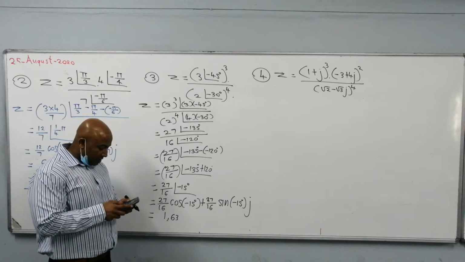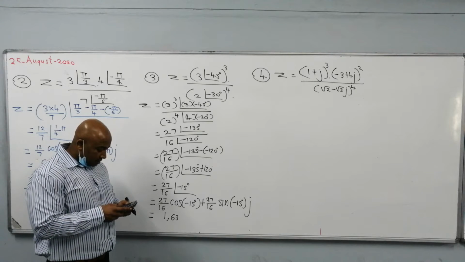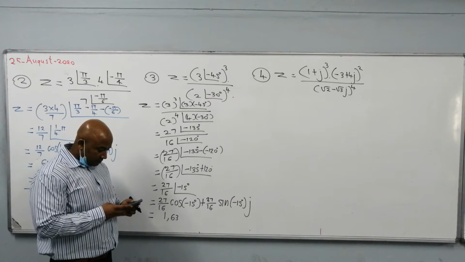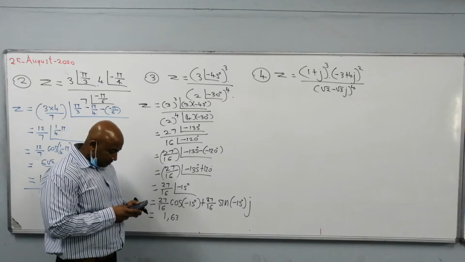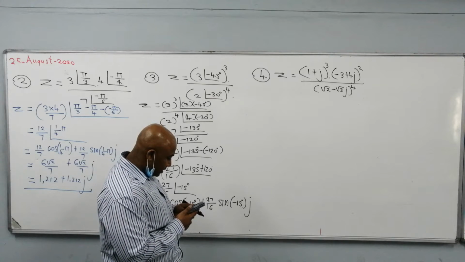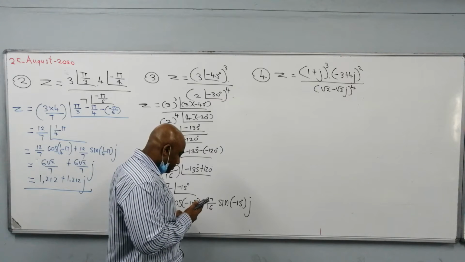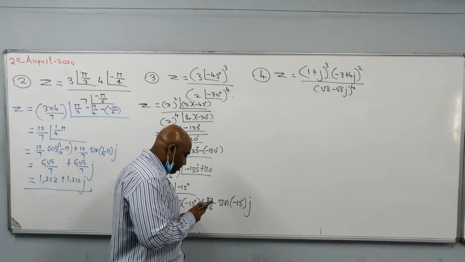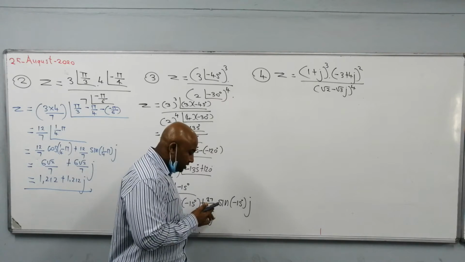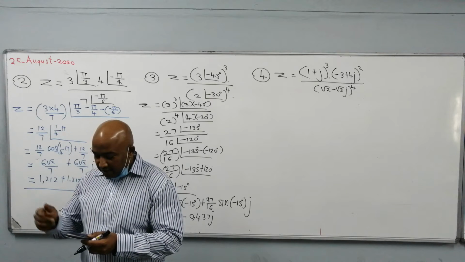And then we have 27 over 16 sine of negative 15, minus 0,437 j. You got your calculator in scientific mode, that's why it's 10 to the power minus 1.